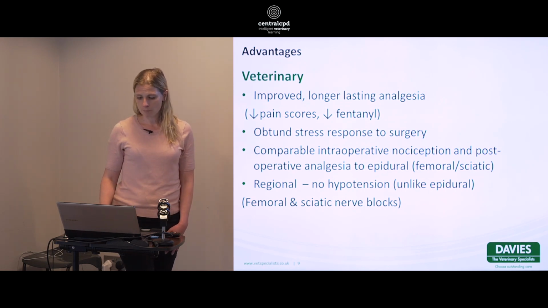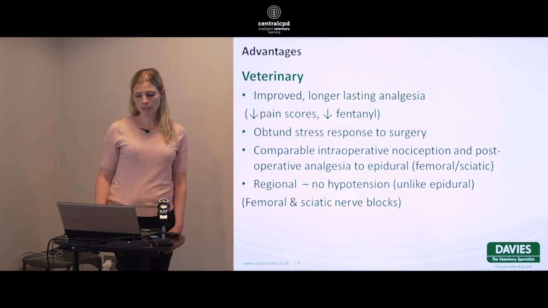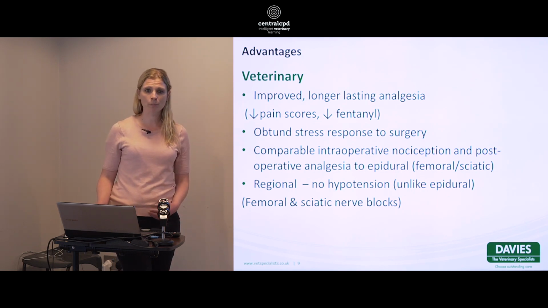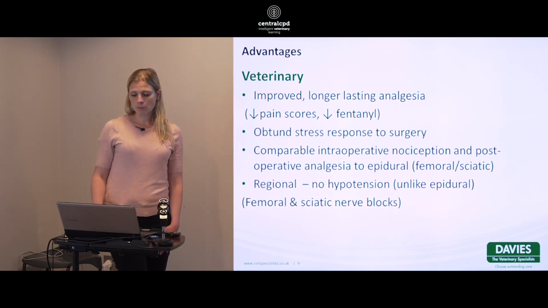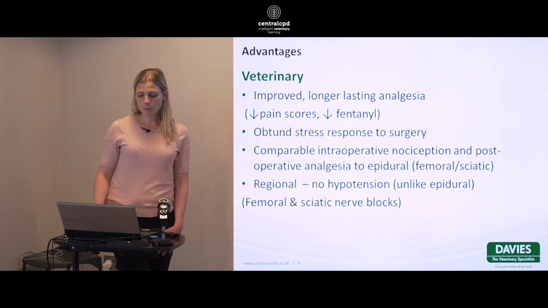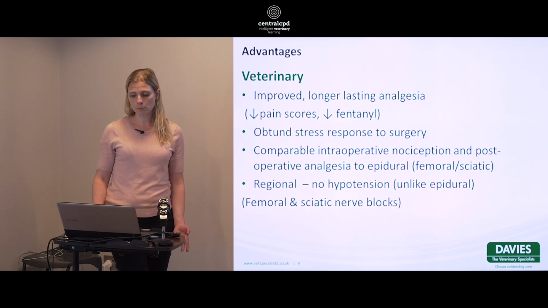We found there's better and more prolonged analgesia compared to traditional opioid administration. And they assessed these by doing pain scores on the animals and also assessing how much fentanyl they needed in surgery. And they found that overall it's better. They've also found that performing blocks blunts the stress response to surgery.